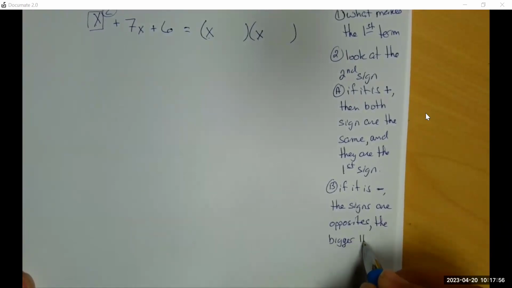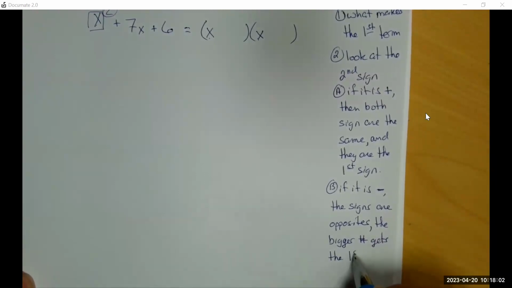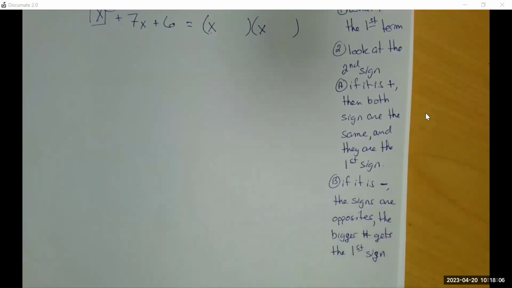The bigger number gets the first sign. I'll explain what all this means in a second. So that's just looking at the second sign.